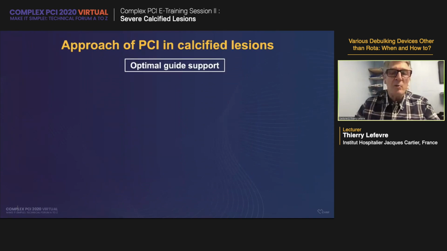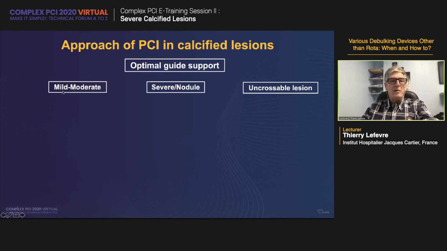So I will try to summarize that in this last slide. When you have calcification, start with optimal guide support. When you have mild to moderate calcification, if you have easy access to the lesion, you can just use a non-compliant balloon or Shockwave technology. And if you are not able to open the lesion, the rotablator can be very useful.